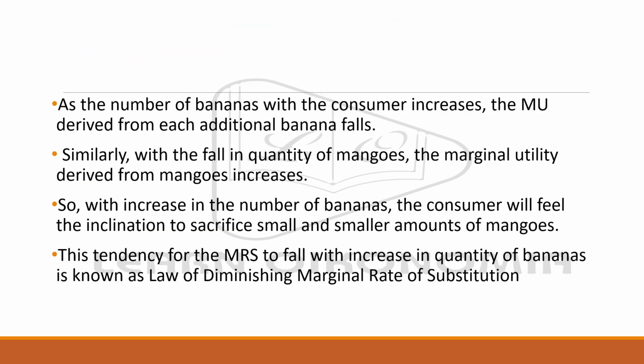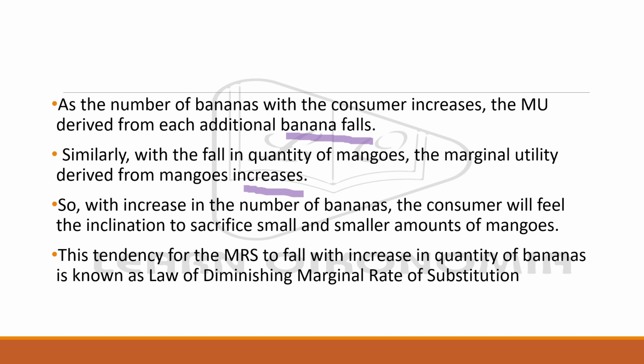As the number of bananas increases, the MU which you could derive from each additional unit of banana would be falling, and since with a fall in the quantity of mangoes, the MU derived from mango would be increasing. So ultimately, when you increase the number of bananas, the consumer will be inclined to sacrifice smaller and smaller units of mangoes, because he needs both commodities, both mangoes and bananas.